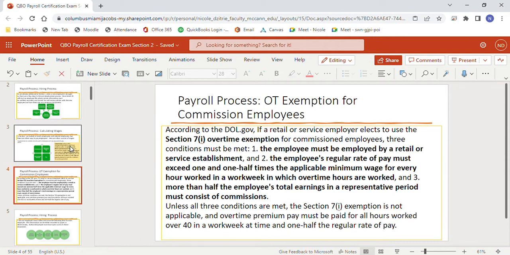And 3, more than half of the employee's total earnings in a representative period must consist of commissions. Unless all 3 conditions are met, then that exemption is not applicable.